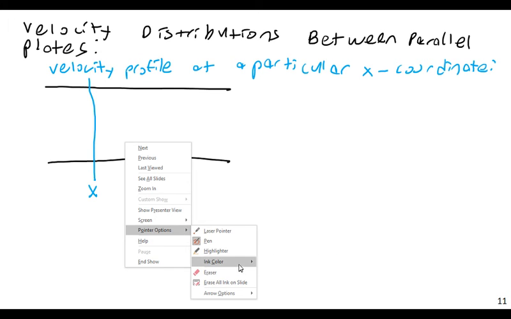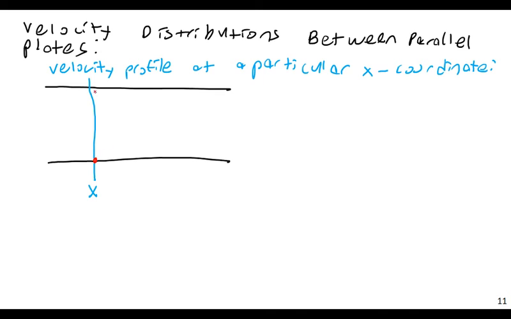At the walls of the pipe, down here, I have zero velocity, v equals 0, although actually let me say u equals 0 to be consistent. U equals 0, u equals 0.